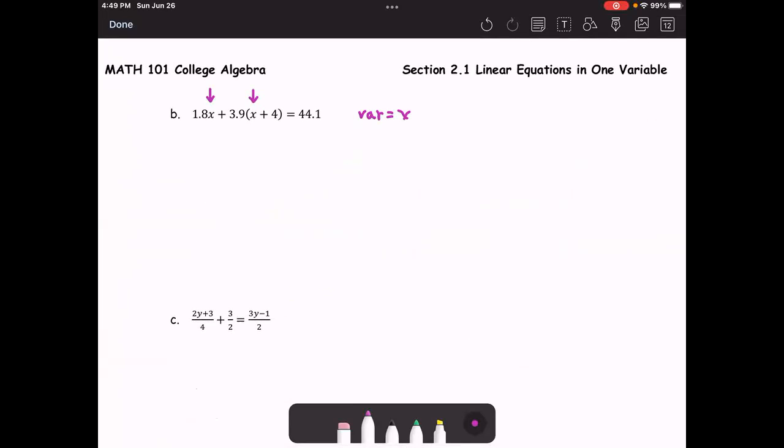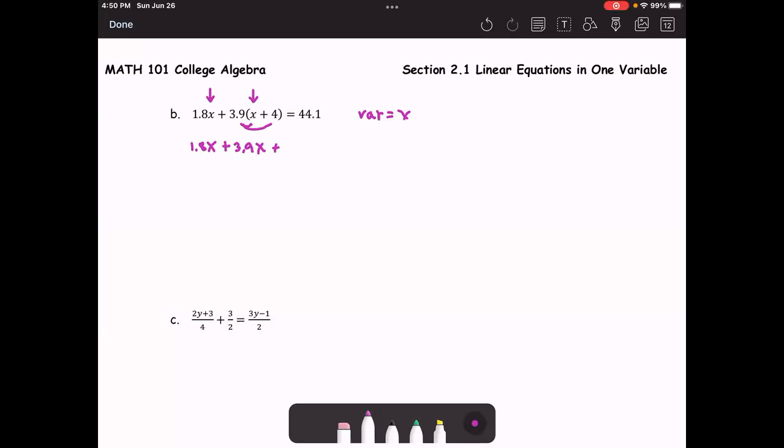So what we're going to do in this case, we're going to expand all the terms out. Basically, we're going to multiply 3.9 to the x and to the 4. So we get 1.8 times x plus 3.9 times x plus 3.9 times 4.